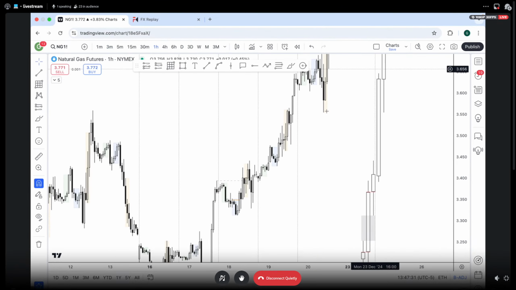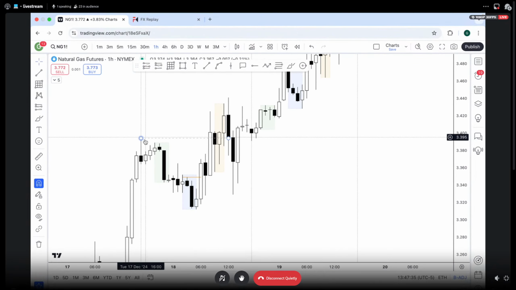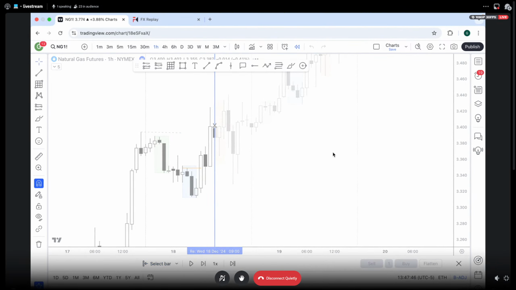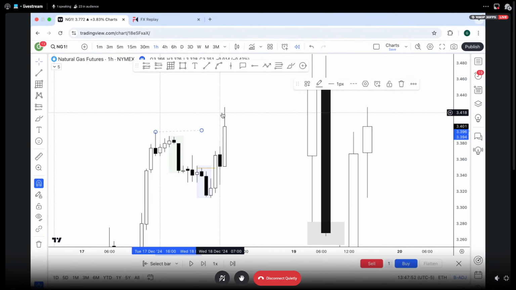Looking for continuations is always going to be harder, in my opinion, because when you take out external range liquidity, when we expand into an external range of liquidity, this is when we consolidate or retrace. So ideally, this is the easiest move, trading away from manipulation into a draw. Once this is taken out, I no longer have a target anymore. It's just continuation, which is harder in my opinion.